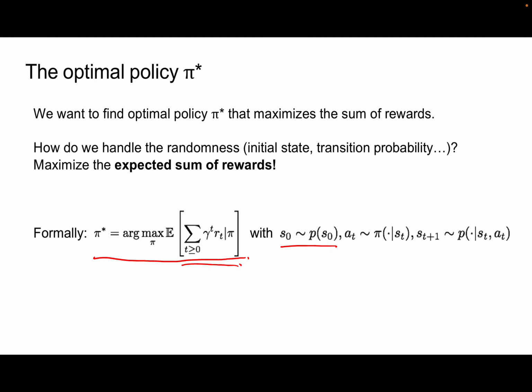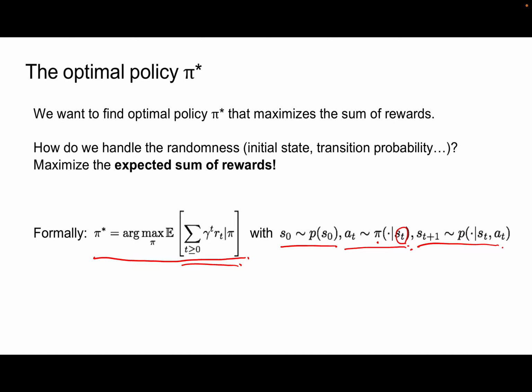S0 comes from the initial state, and pi is the policy network, so from the state, the policy network outputs an action, and then in practice we can use a physics simulator to get the updated state.